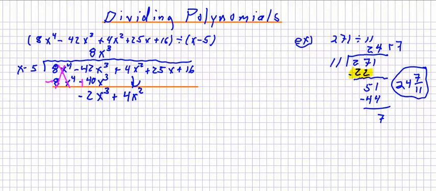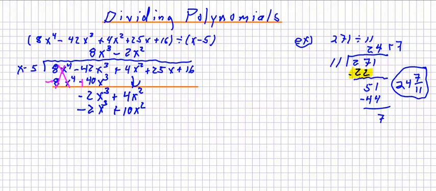x into negative 2x cubed is minus 2x squared. We multiply, distributing, negative 2x squared times x, negative 2x cubed. Negative times negative is positive, positive 10x squared.